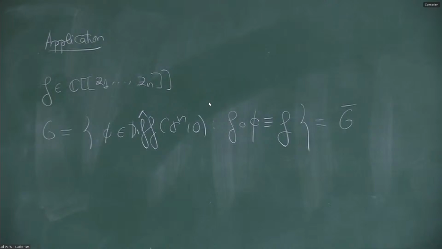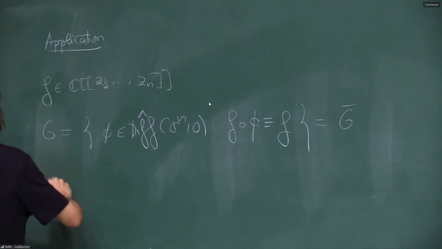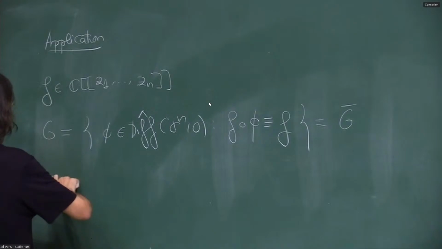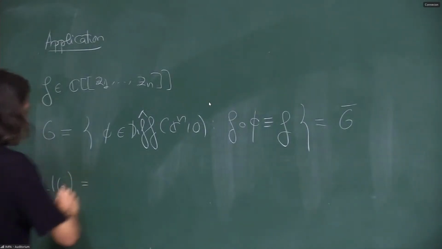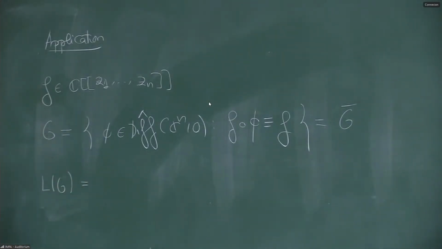It's not going to be difficult because the Lie algebra in this particular case is going to be geometric, of course.